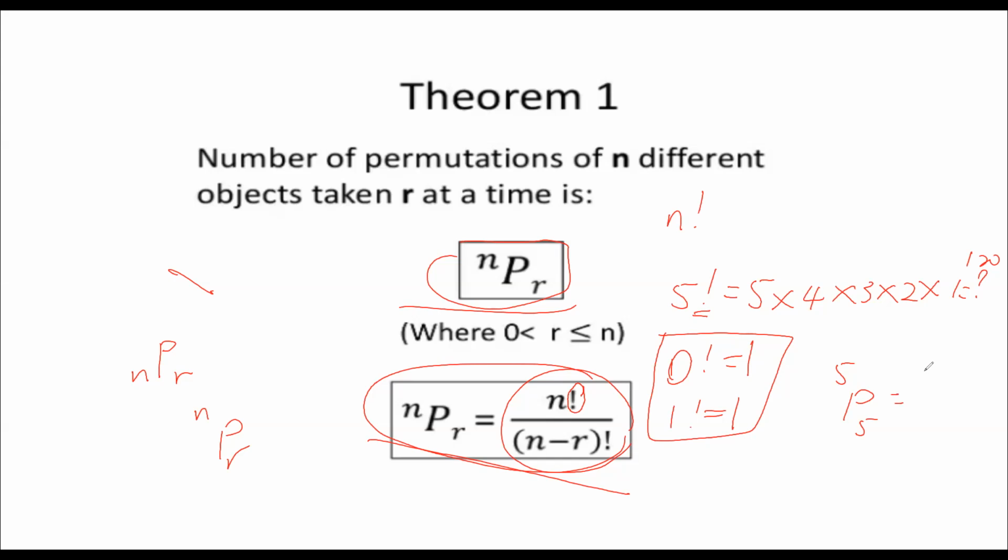How many ways can you choose 5 objects from 5? Well, 5 factorial over 5 minus 5, which is 0 factorial. So you get 120.